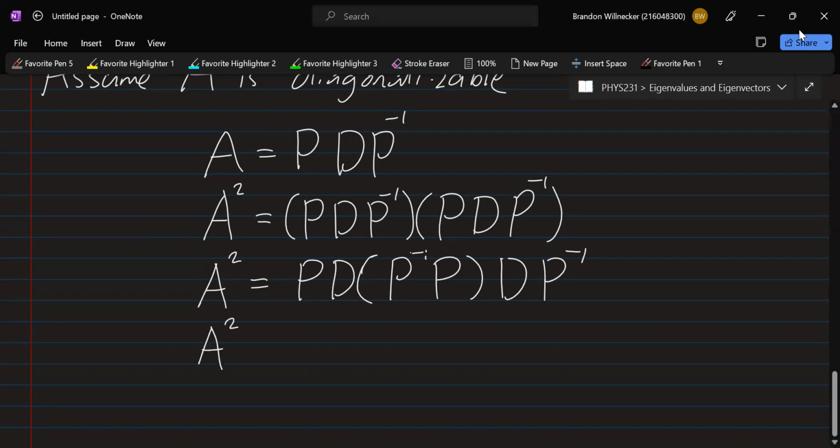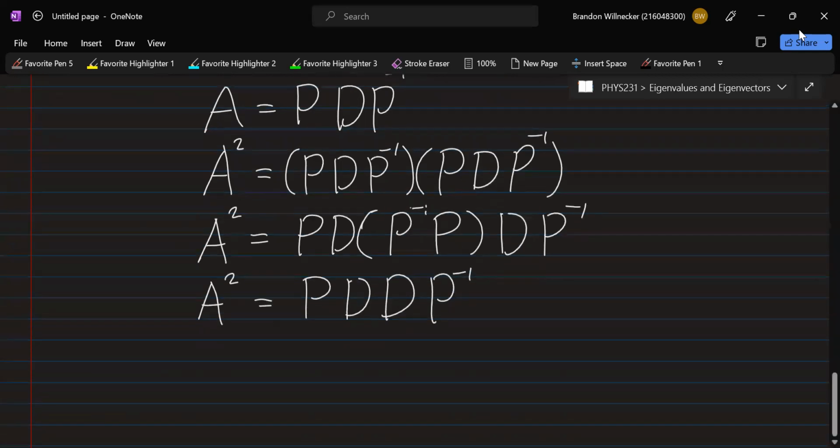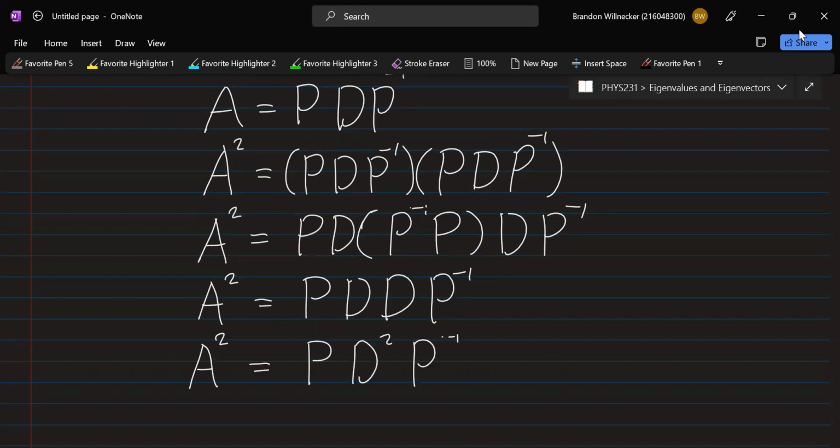So A squared is equal to PD times the identity, but we can leave that out, times D times P inverse. So A squared is equal to PD squared P inverse.